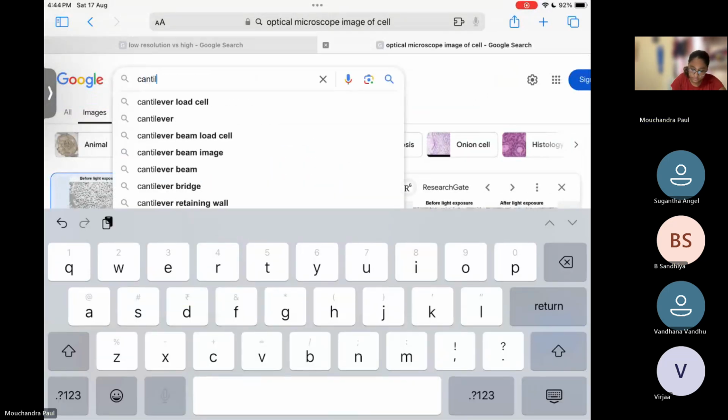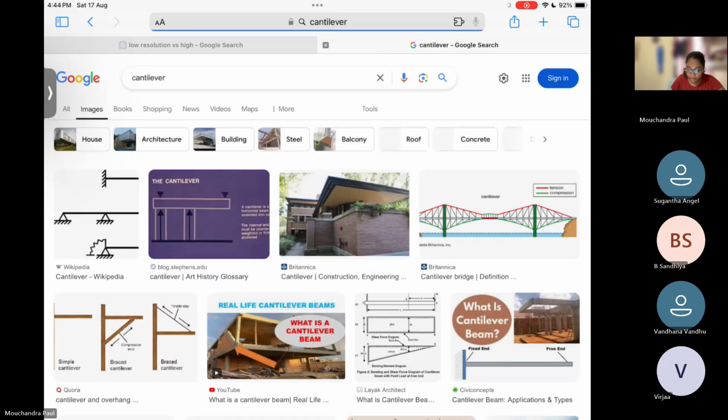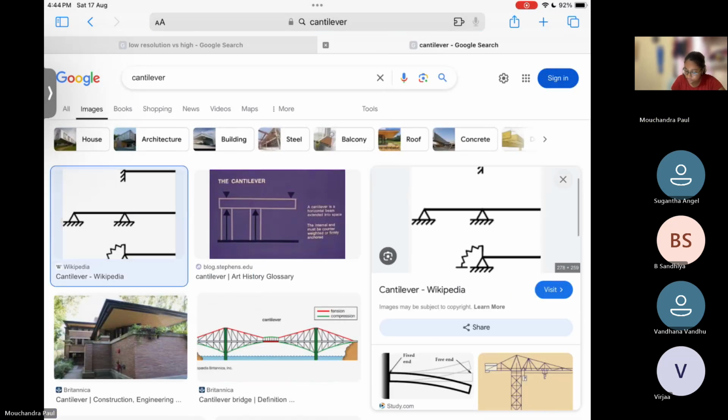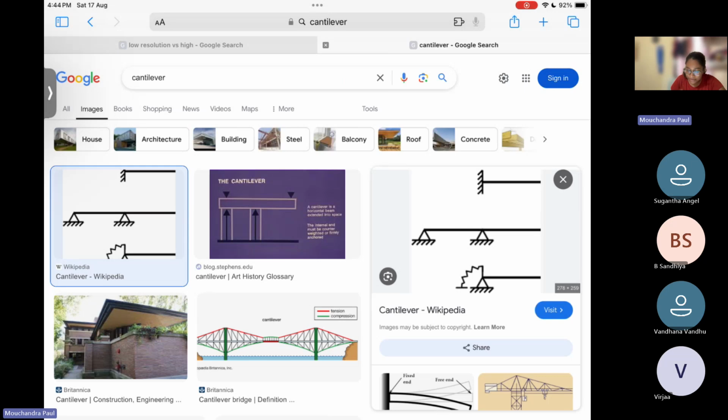I'll show you with an image. You see the weighing balances, right? The ones with a stand, the way the stand is made for a weighing balance.